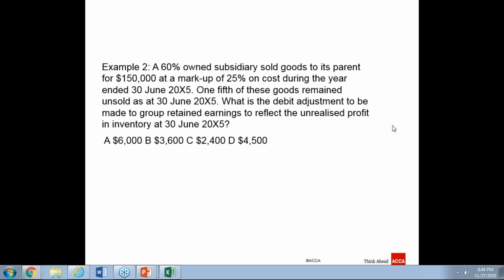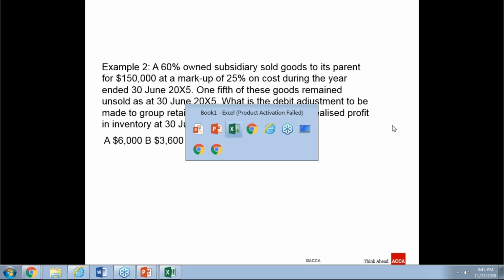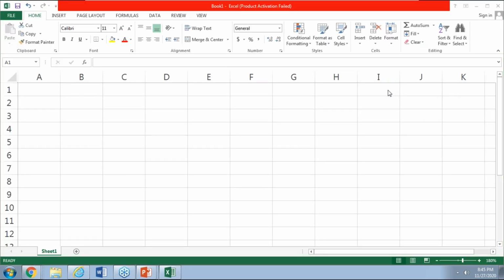Is that clear to all of you? This is what we had discussed in the last session when we were talking about the accounting entries. Okay, some people want the explanation. If you remember the point that we discussed about the accounting entries in the last class, if the subsidiary companies have sold goods to the parent company, the accounting entry will be retained earnings debit, NCI debit, and stock credit.